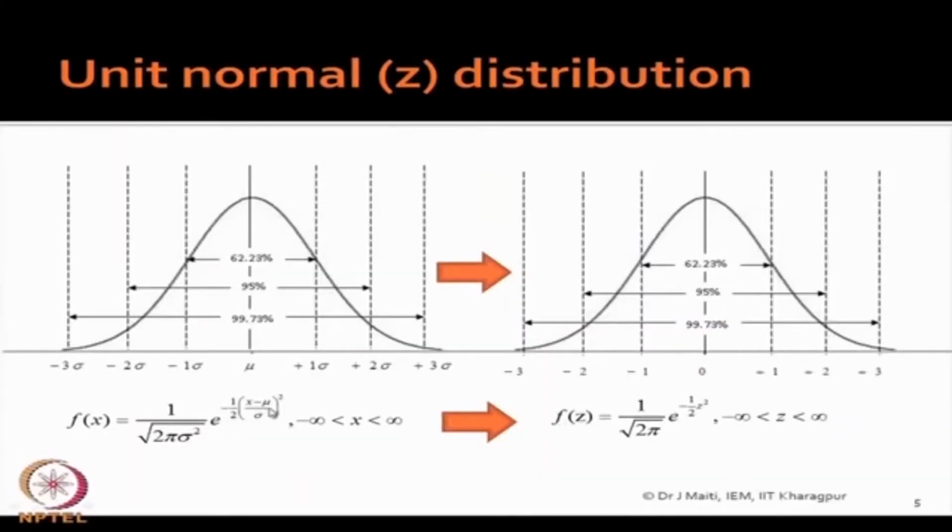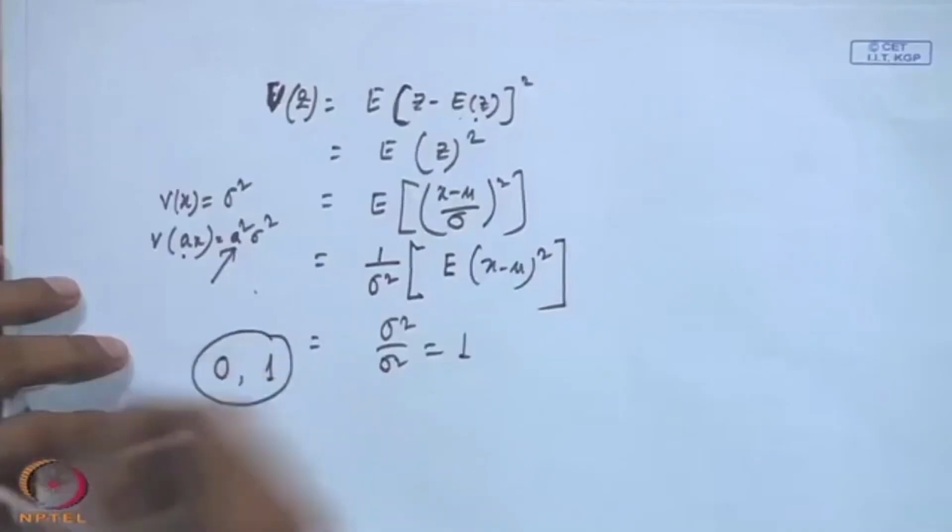We put z equal to x minus mu by sigma, and our resultant probability density function for z is 1 by root over 2 pi into e to the power minus 1 by 2 z square. So, this is the conversion of any normal variable to its unit normal distribution. The z distribution is also known as the unit normal distribution, because its mean value is 0 and standard deviation is 1.